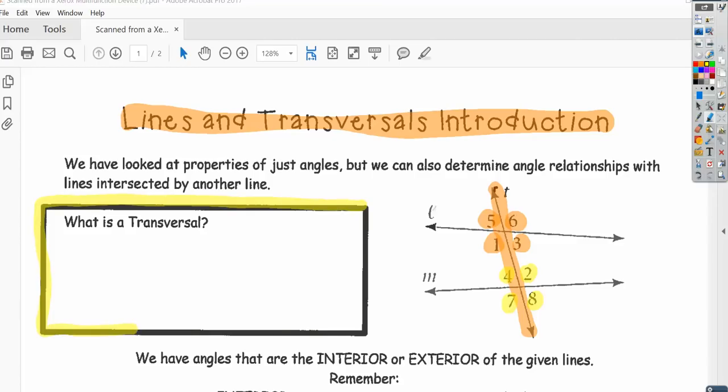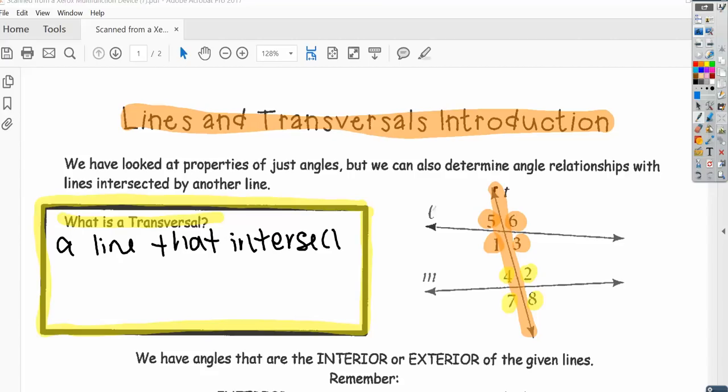So I have this first vocabulary word, and it asks, what is a transversal? A transversal is a line that intersects two or more lines. So if we look at this example with line L and line M being intersected by line T, line T is our transversal.